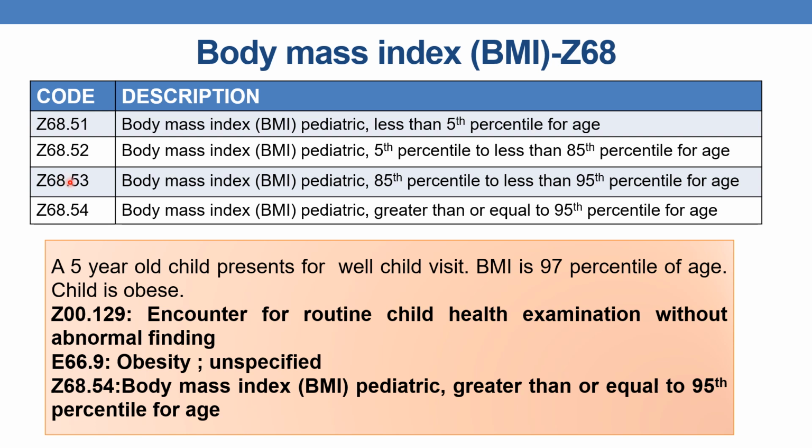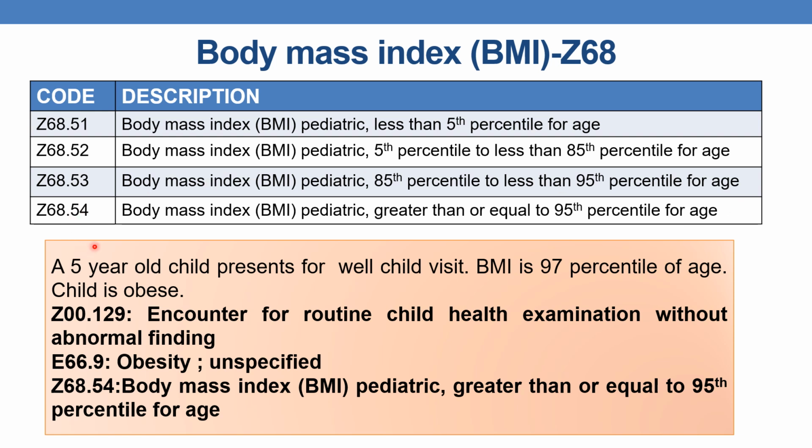The next is Z68.52, BMI pediatric 5th percentile to less than 85th percentile for age. The next is Z68.53. It indicates body mass index pediatric 85th percentile to less than 95th percentile for age.